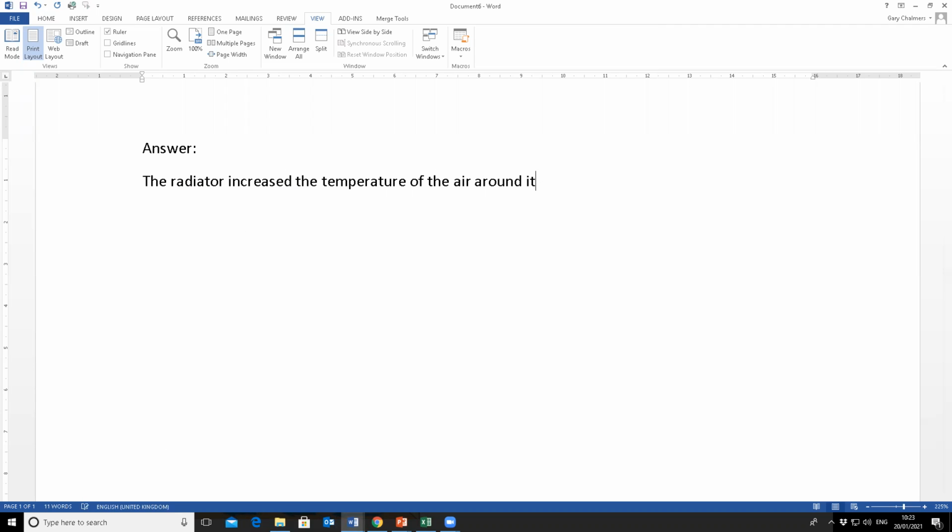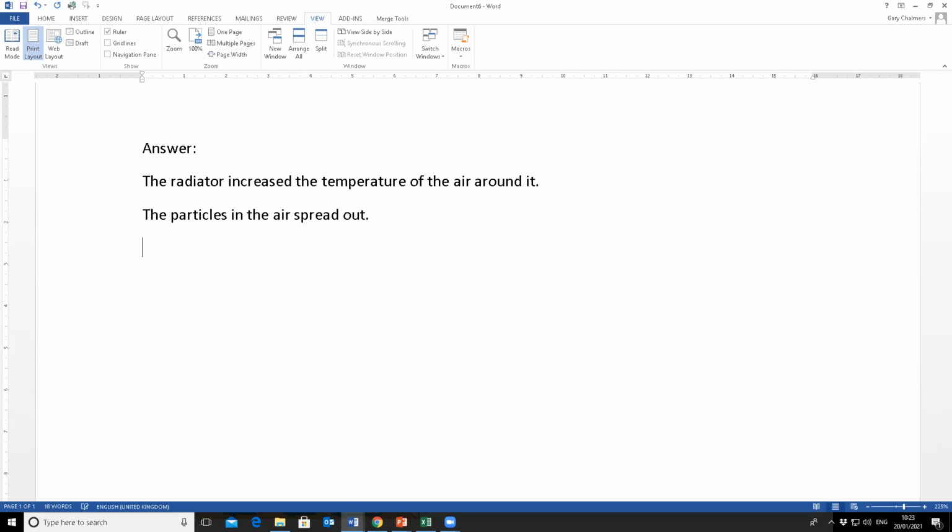That would be worth 1 mark. You would also then say, if the air around the radiator has had its temperature increased, the particles in the air spread out because they vibrate more.